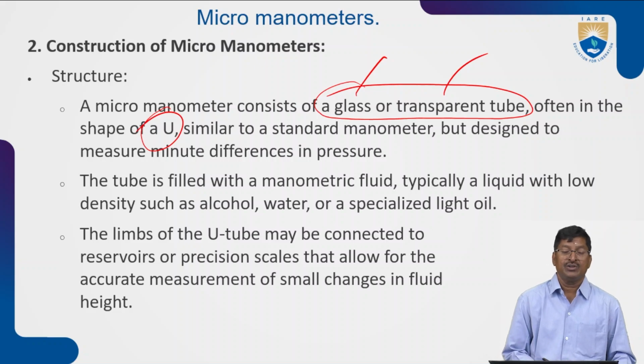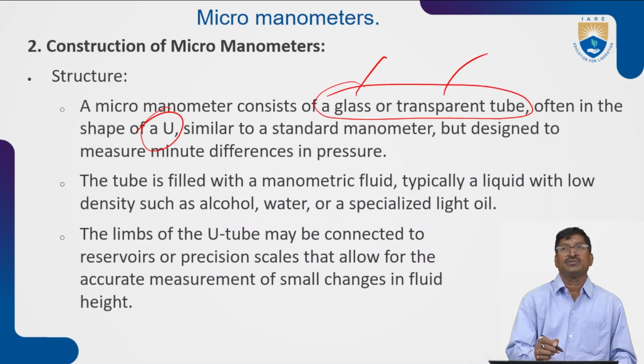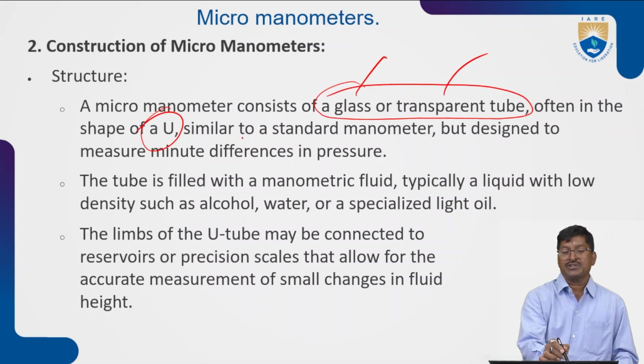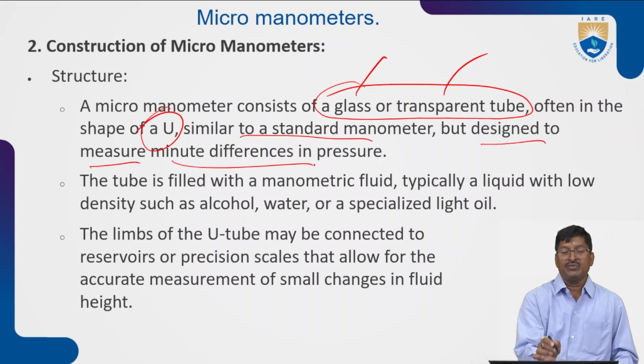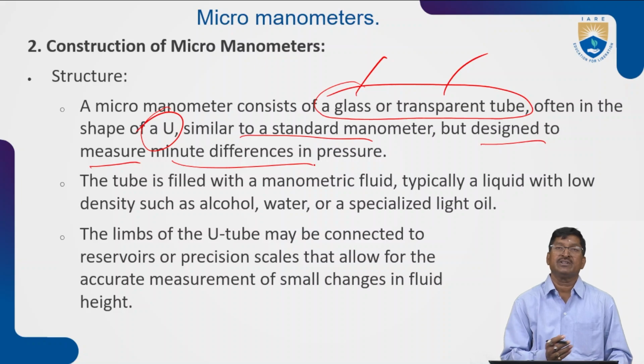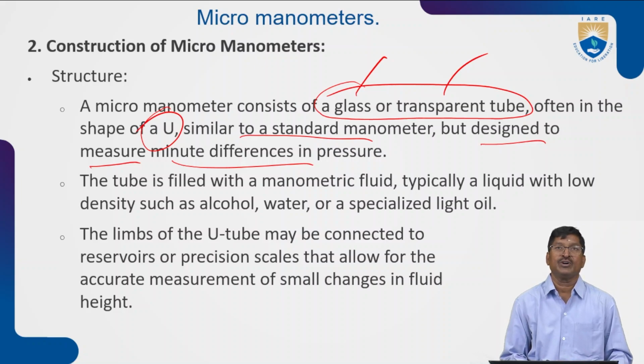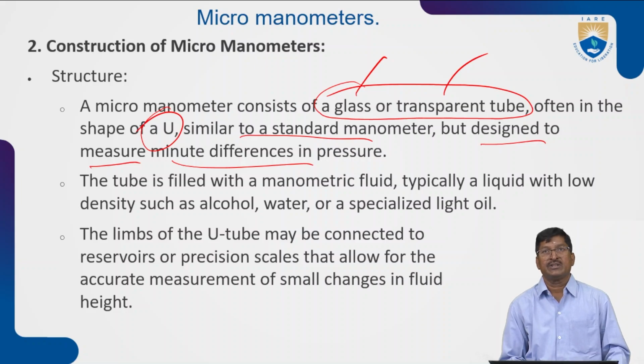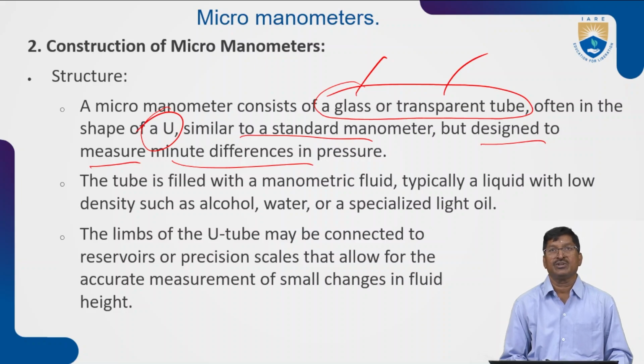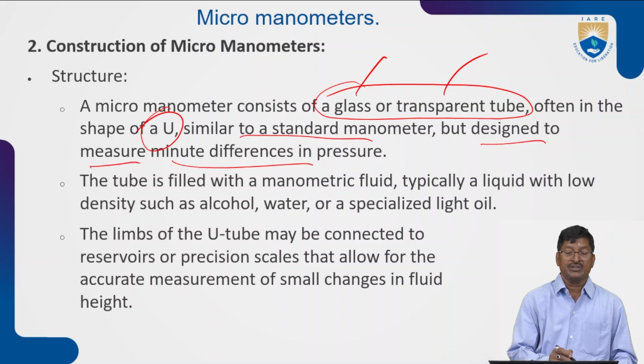So it is similar to the standard manometer, but designed to measure minute differences in pressure. It is very similar to a normal tube manometer, but it is meant to measure minute pressure differences. Okay. So the tube is filled with the manometric fluid.